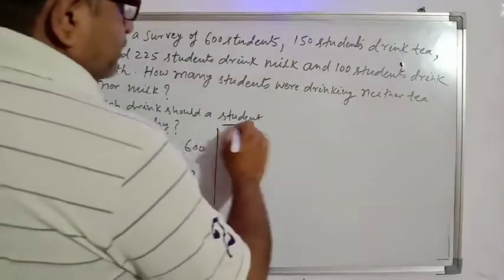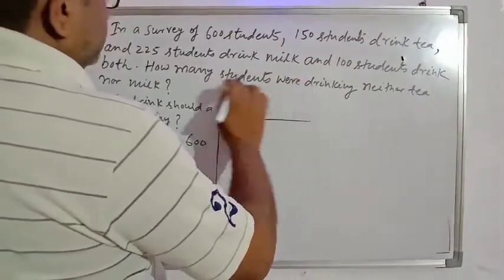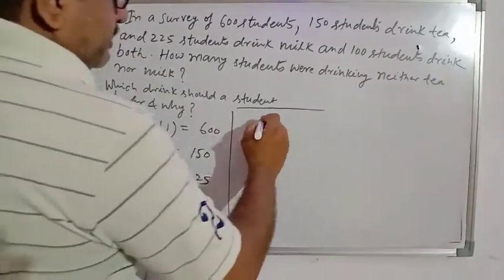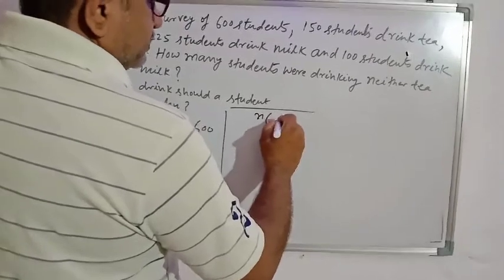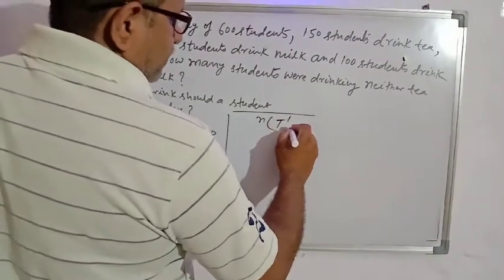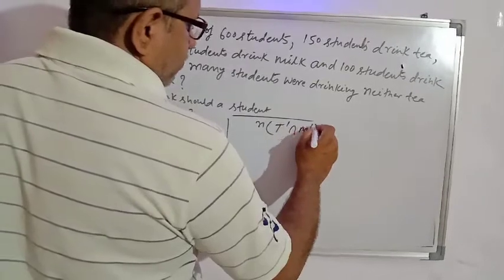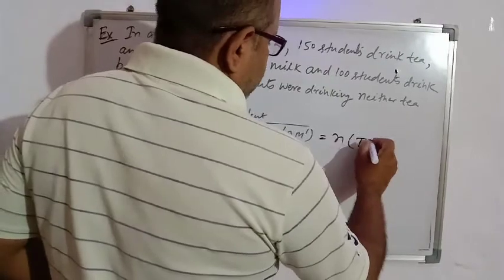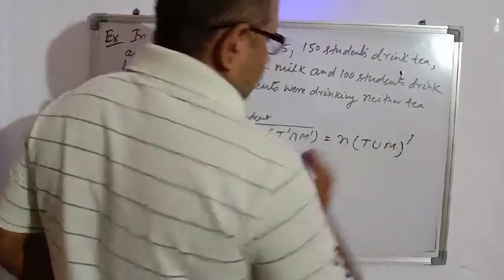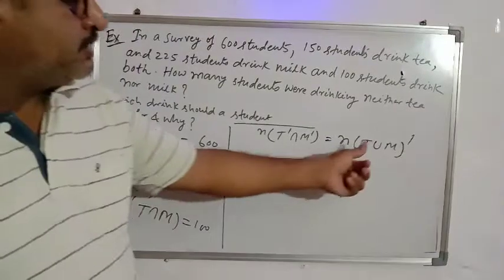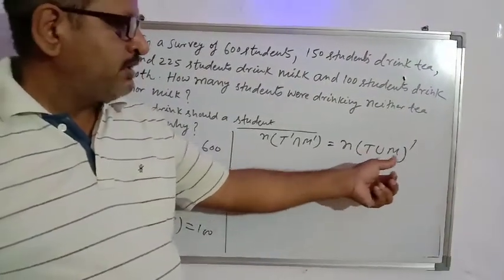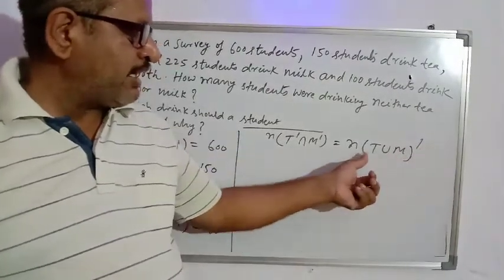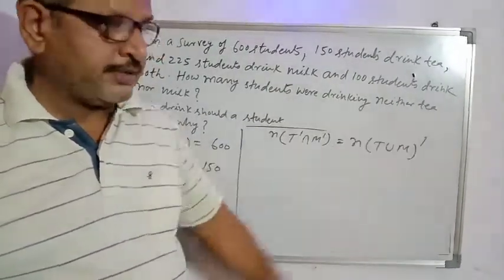And we have to find the number of students who are drinking neither tea nor milk. That means we have to find the complement of T intersection the complement of M, which is the complement of T union M. T union M means students taking at least one drink, and its complement means the number of students taking no drink.